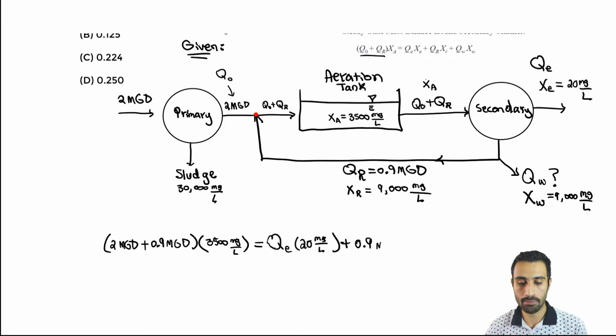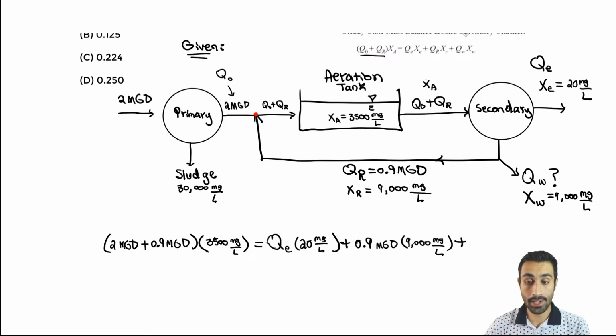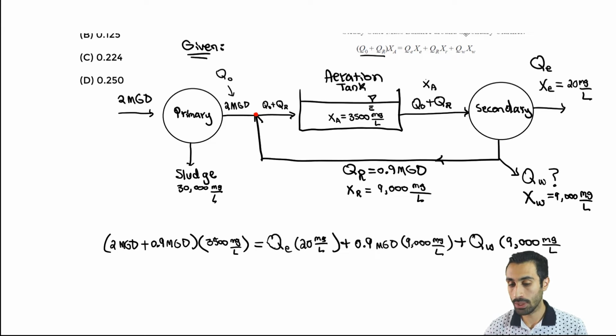And that would be MGD. Everything in this case is MGD, milligram per liter. So that's QR. Then we do XR is going to be the 9,000 milligram per liter. Then we do plus the QW is going to be actually what we want to find. We don't know that. That's the goal to find. Then XW is going to be 9,000 milligram per liter. As we said, always XW is the same as XR.